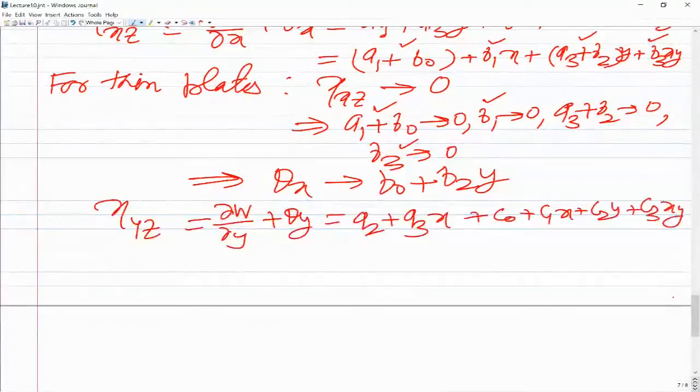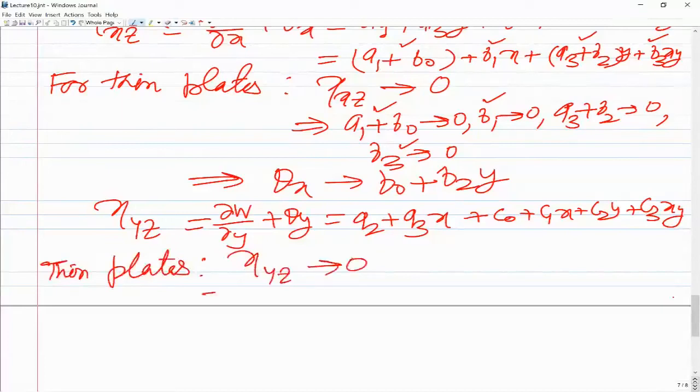So from this you can similarly say that for thin plates, gamma yz will approach 0, and that will give you the conditions: a2 plus c0 approaching 0, a3 plus c1 approaching 0, c2 approaching 0, and c3 approaching 0.